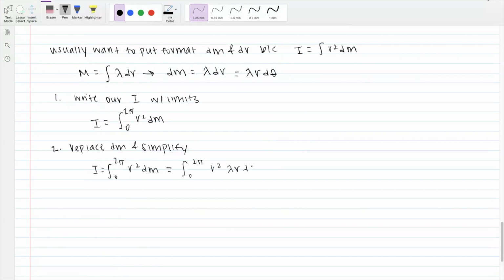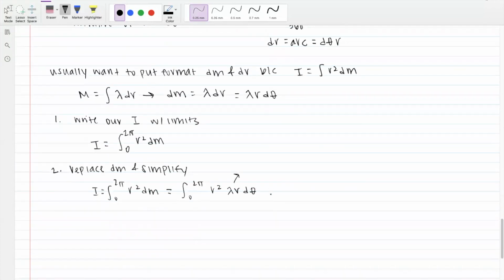We get this. Now we also have lambda is equal to m over L. So we can simplify this to m over L r to the third d theta.